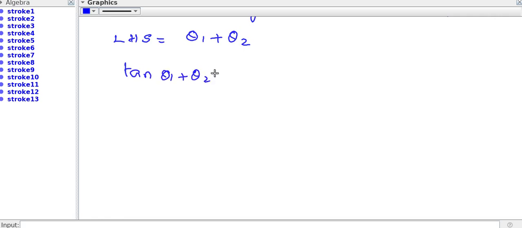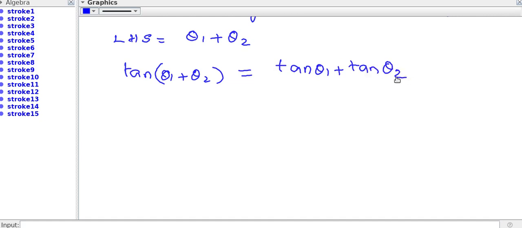If we take tan on the LHS, this is a direct formula. Tan of theta 1 plus theta 2 is tan theta 1 plus tan theta 2 divided by 1 minus tan theta 1 into tan theta 2, right? Because we know tan of a plus b is equal to tan a plus tan b divided by 1 minus tan a tan b. That formula is here.